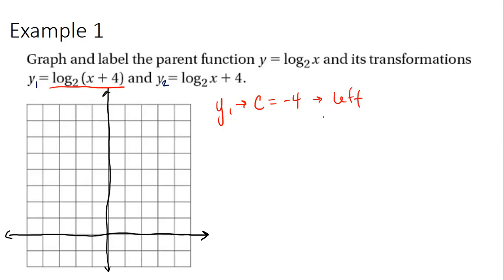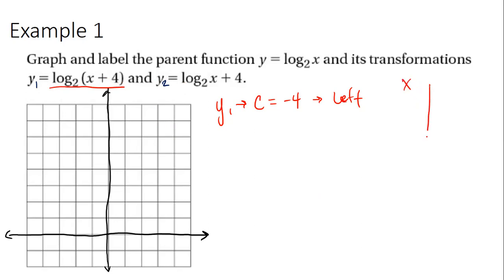So if you look at our parent function for log base 2, we're taking that whole function and shifting it to the left. Does that make sense? Okay, so I'm going to pull some values from that so that we can see what the parent function looks like. Oh, it's left. Sorry. It just came merged together.